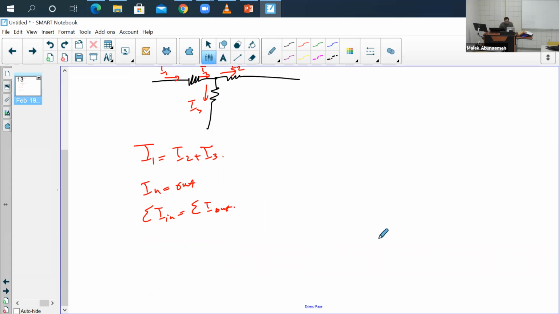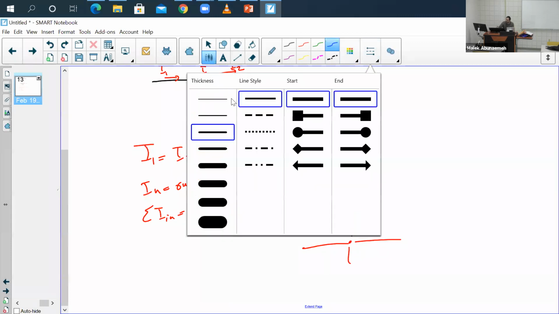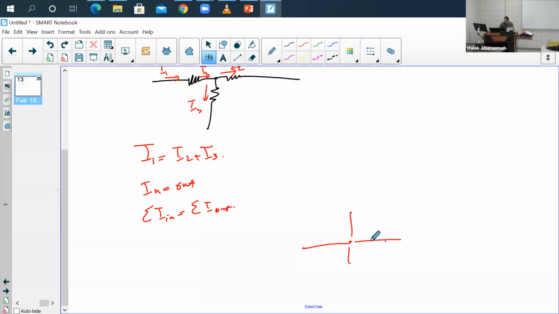So let's say you get a node, and it's a four-way. You get 1 amp coming this way, 1 amp coming that way, 1 amp coming this way, and let's say you go that way.